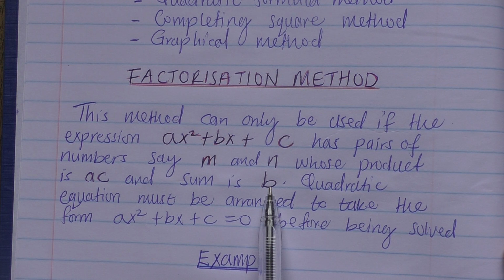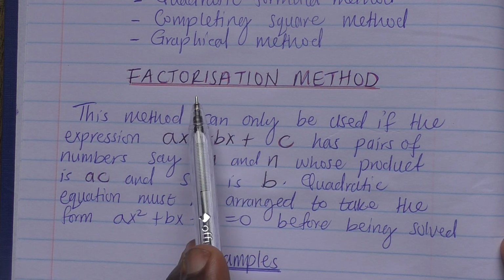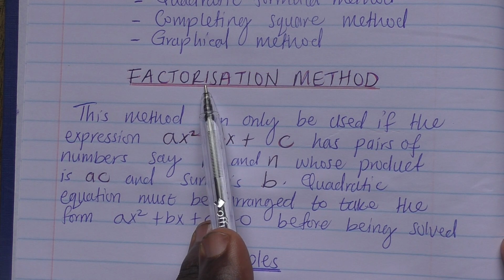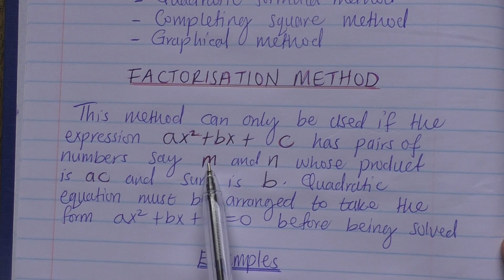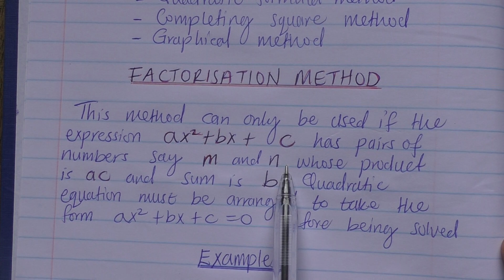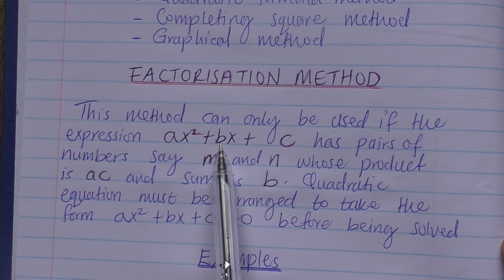So meaning that we have a condition, and that also tells us that the factorization method cannot work for each and every equation, but it only works for those equations that satisfy its condition, whereby we should have 2 numbers whose product gives us the product of a and c, whose sum gives us b.